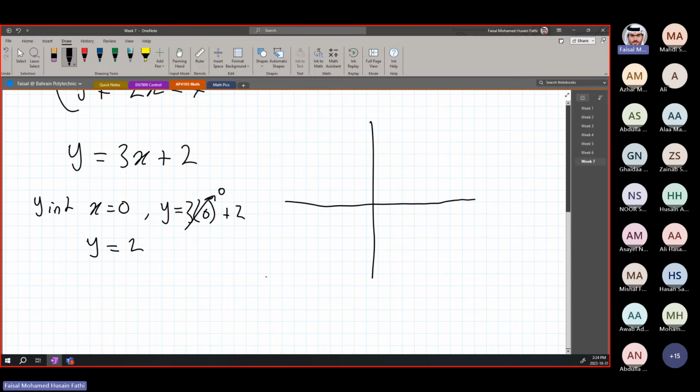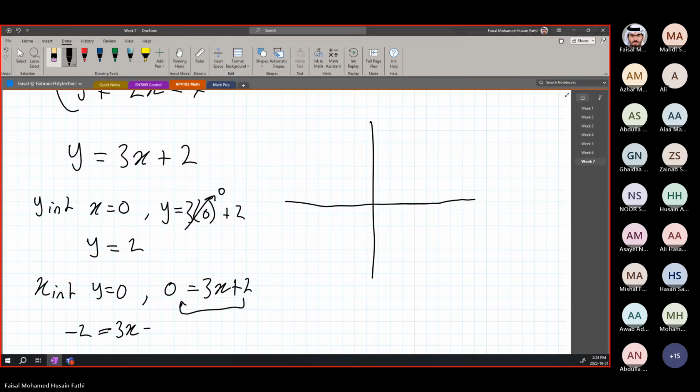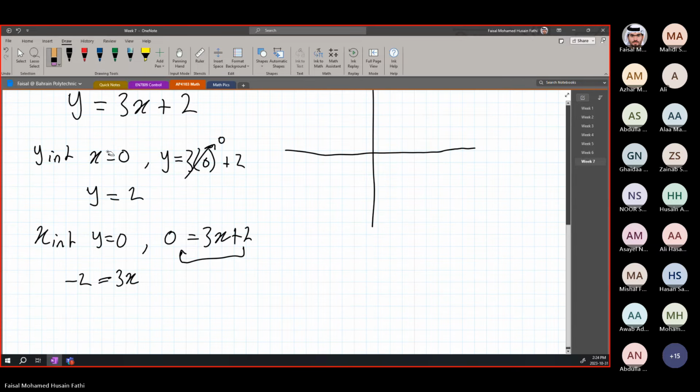Okay? The x-intercept is when y is equal to 0. So 0 is equal to 3x plus 2. Solve this equation, we'll take the 2 to the other side. So minus 2 is equal to 3x. And then if we want to solve for x, I'm just going to rewrite this so the x is on the left side, 3x is equal to minus 2.